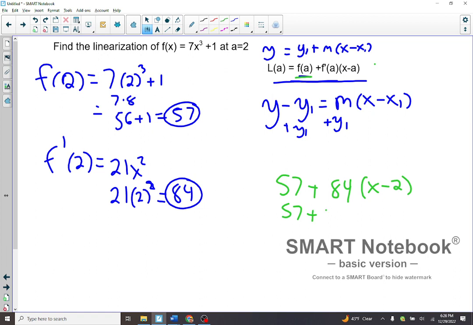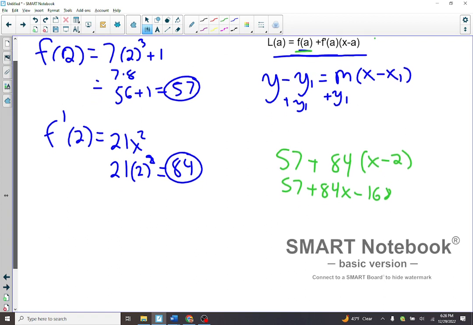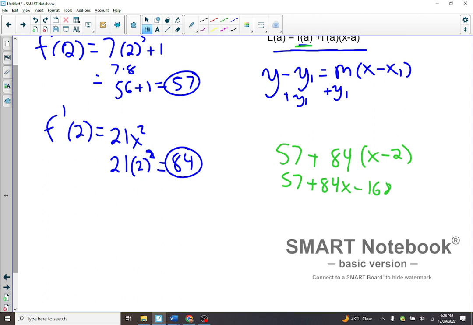So 57 plus 84x minus 84 times 2, 168. 57 minus 168. So this is going to be 84x minus 111. Yep. And that is my linearization.